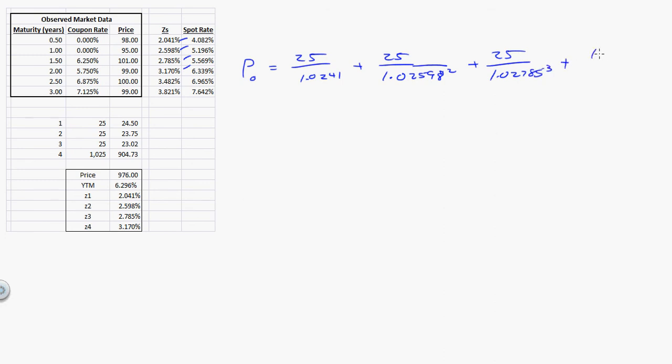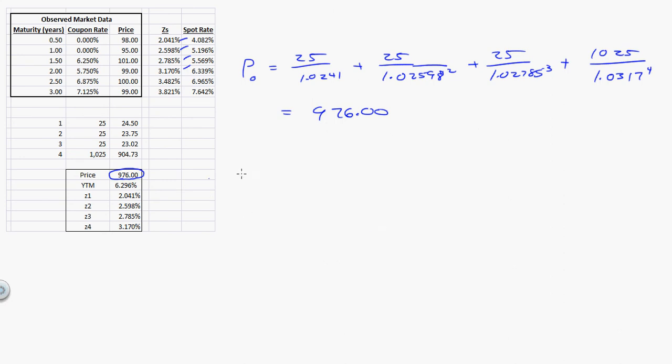I know this is enough busy work to make you wonder if you should even major or get a concentration in finance, but it's not too painful. So doing all this, I find the price. This price is equal to 976.00. There's my price right there.